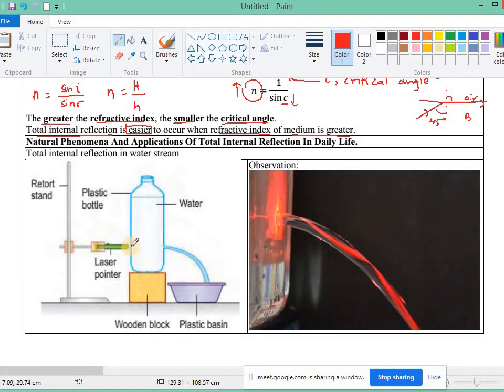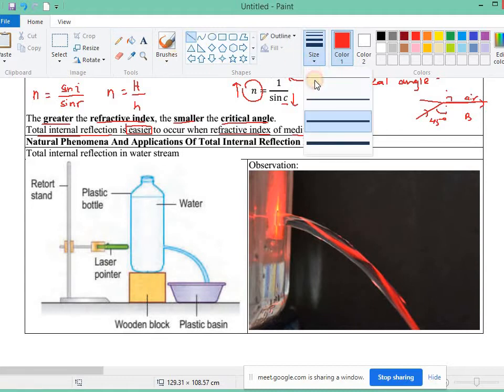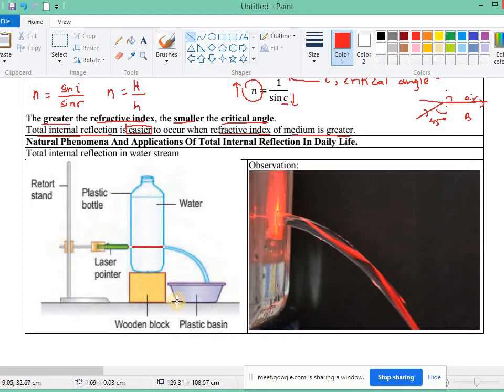Okay. So if we point the laser pointer here, the light should come out like this, right? But instead, the light follows the stream of water like this. Here is the total internal reflection.